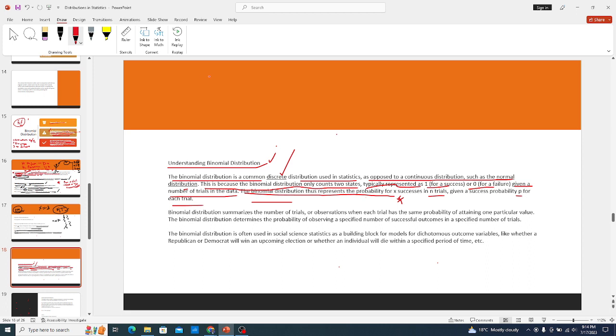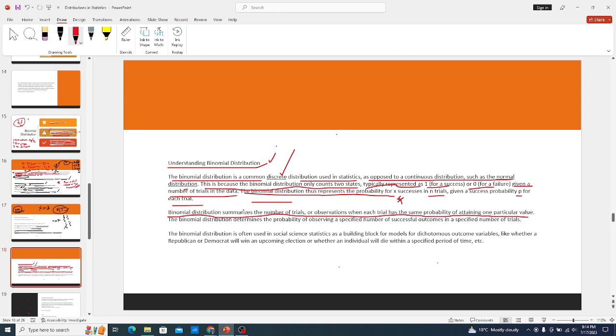Binomial distribution summarizes the number of trials or observations when each trial has the same probability of attaining one particular value.